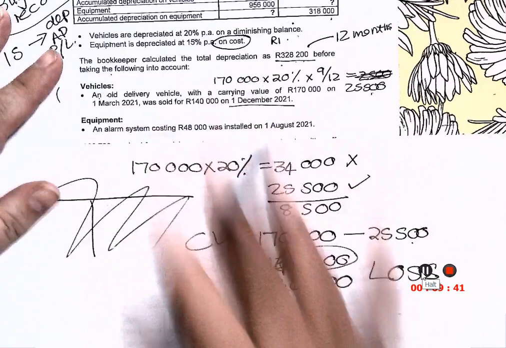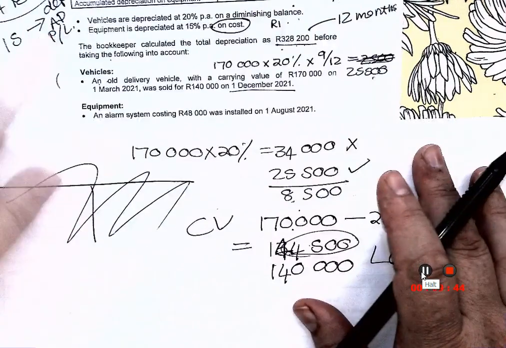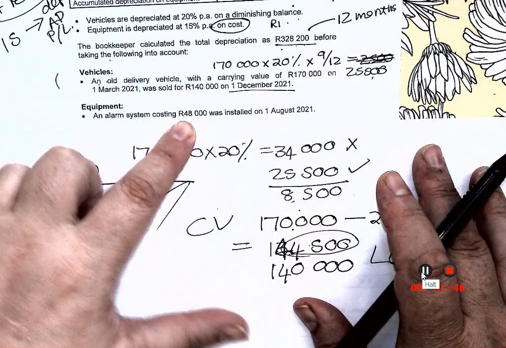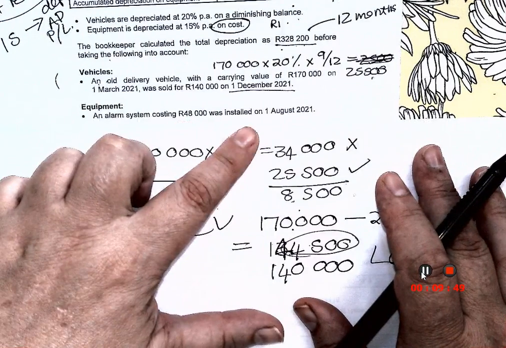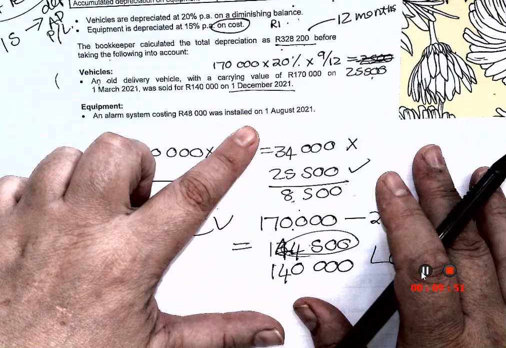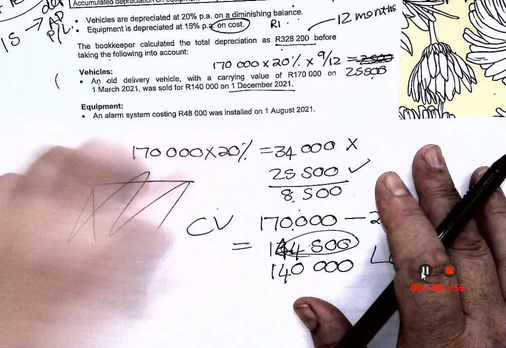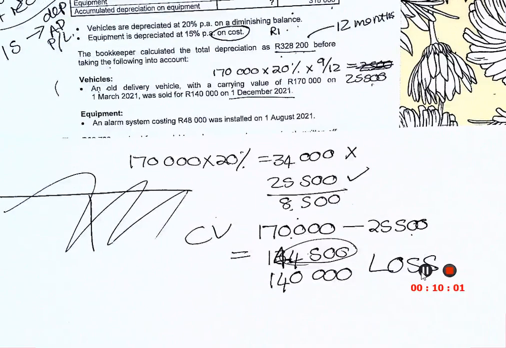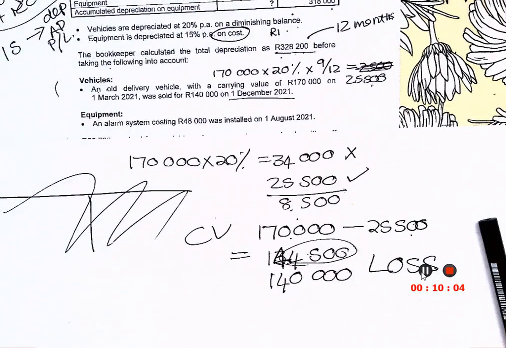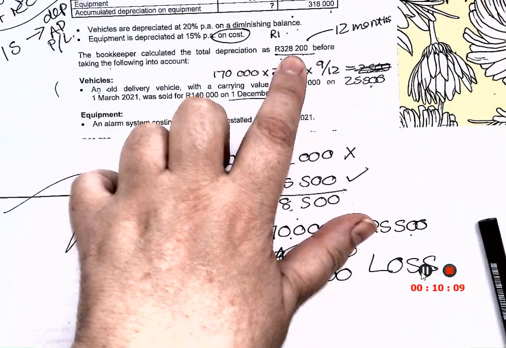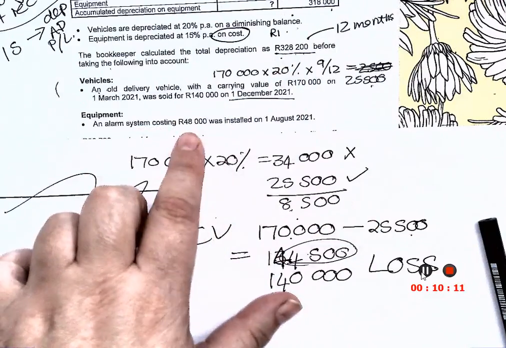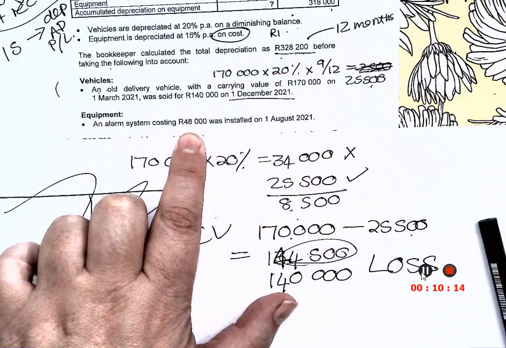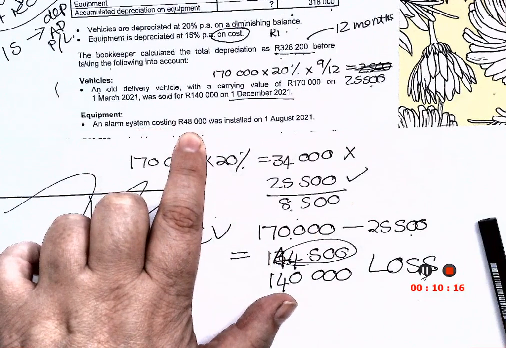So now let's see equipment. There's also an alarm system costing 48,000 that was installed on the 1st of August. Okay, this thing, can I be honest with you? For me, this thing is difficult because it's not clear what the mistake is they made. So they've calculated that, but did they take that whole thing? So now we go with the assumption that they've calculated the whole year.